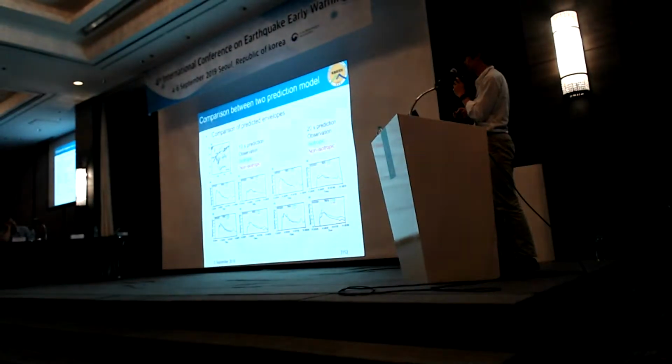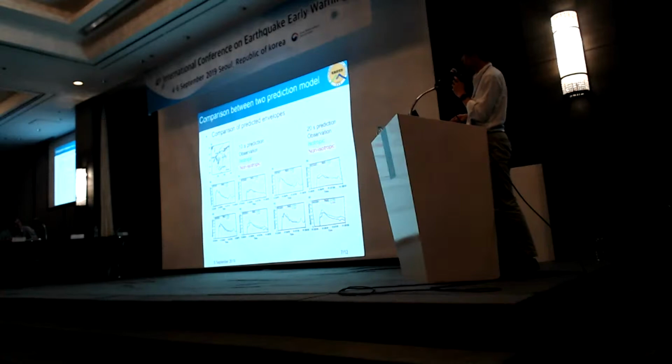So we show the comparison of observed and predicted seismogram envelopes for these four stations. Left is the 10-second prediction case and right the 20-second ahead prediction case. The observed envelope is in black, blue is the prediction by the isotropic scattering model, and red is the prediction by the forward scattering model.